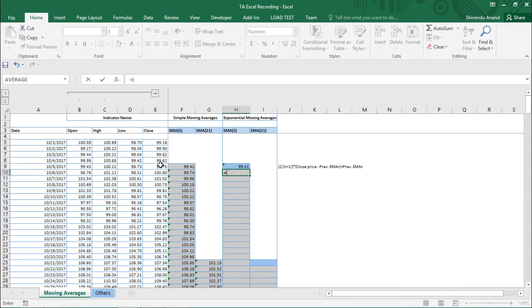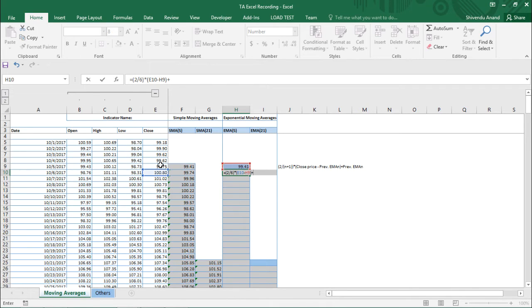So the formula will be is equal to bracket open 2 divided by 6, which is basically your 5 plus 1, n plus 1, bracket close, multiplied by bracket open. You select your close price, which is 100.80, minus your previous EMA, which is 99.41 or H9, bracket close.